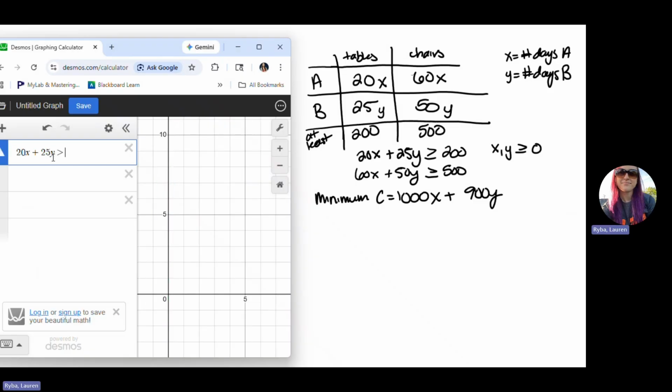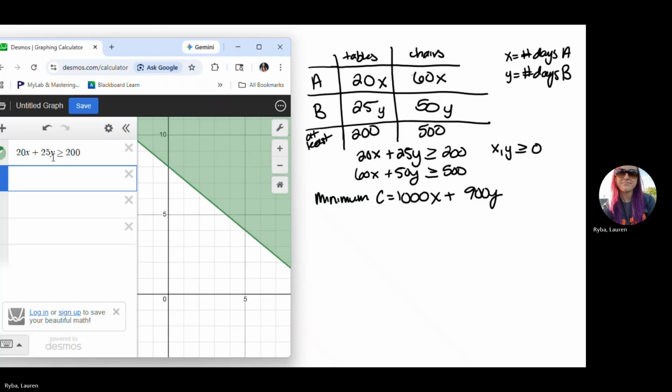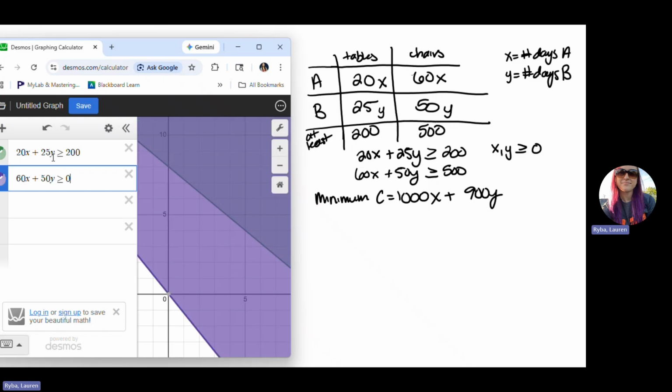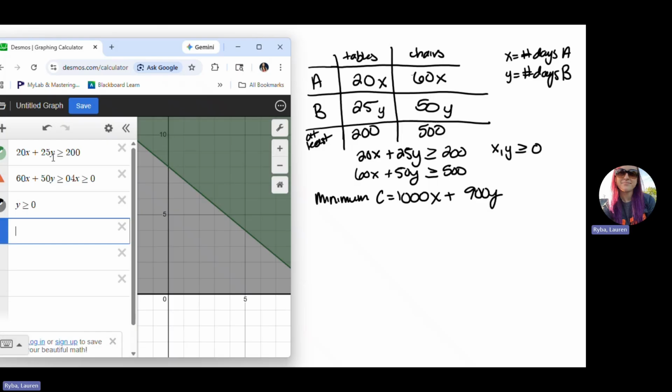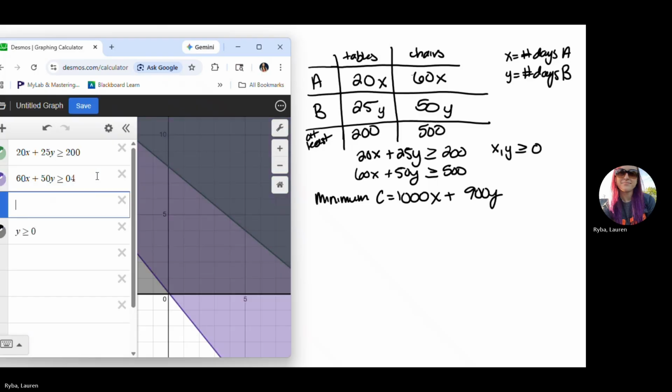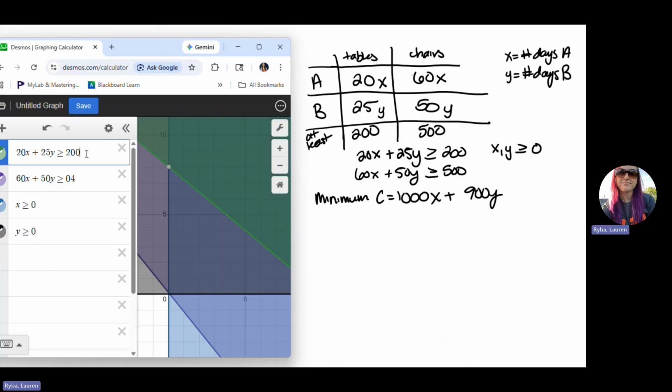20X plus 25Y greater or equal 200. 60X plus 50Y greater or equal 500. X greater or equal 0, Y greater or equal 0. Hold on, I put that in the wrong spot. All right, so if I take the first one, copy it down.